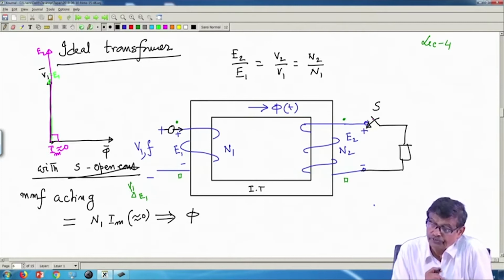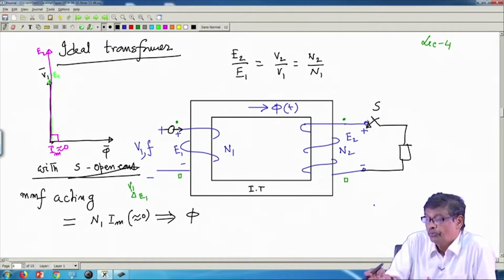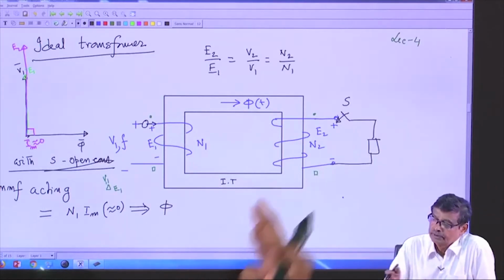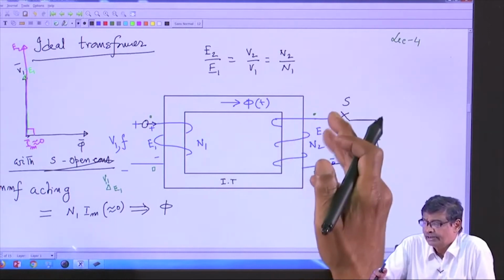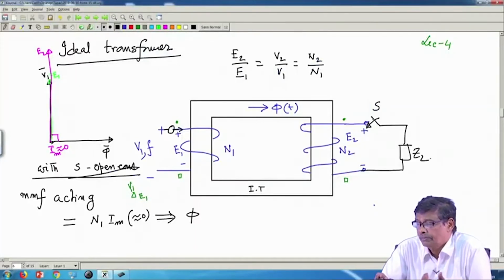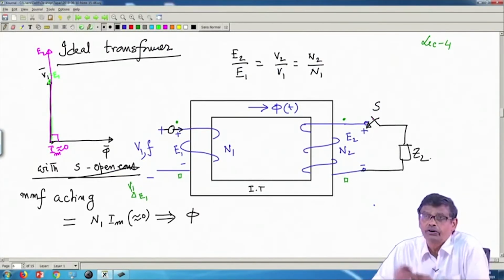The moment you close the switch, this coil too will carry current, because there is a source of EMF, you have connected an impedance Z2 here.